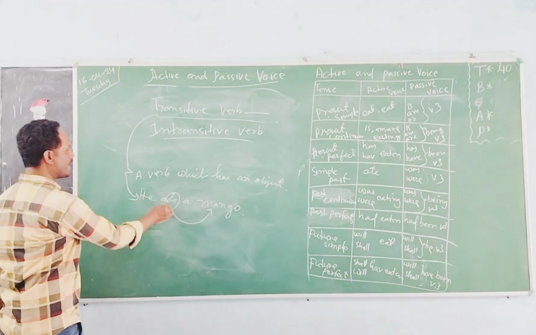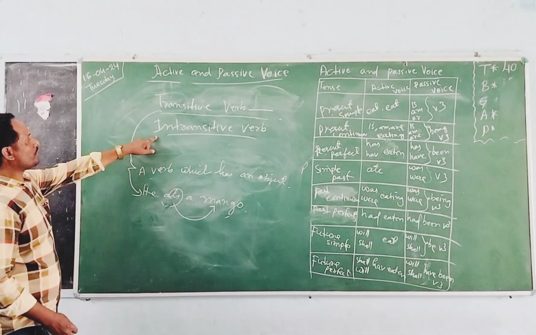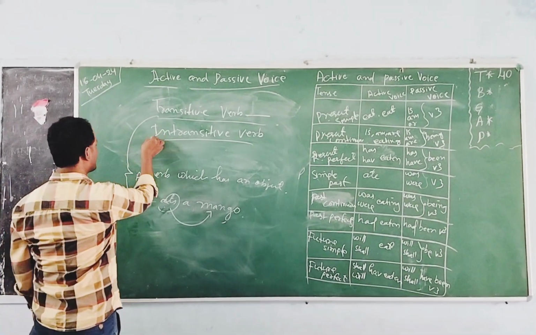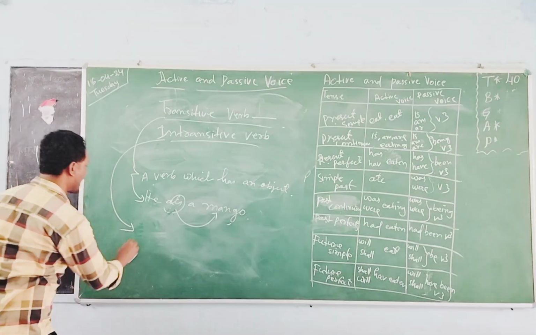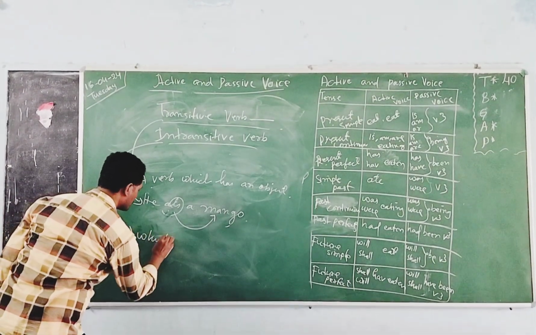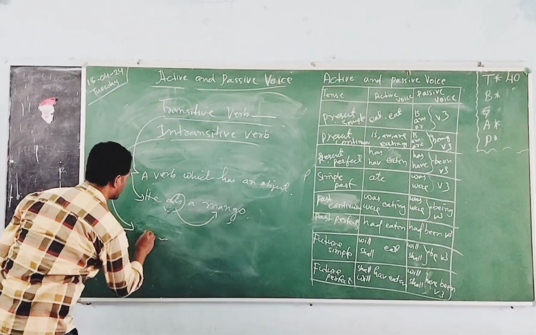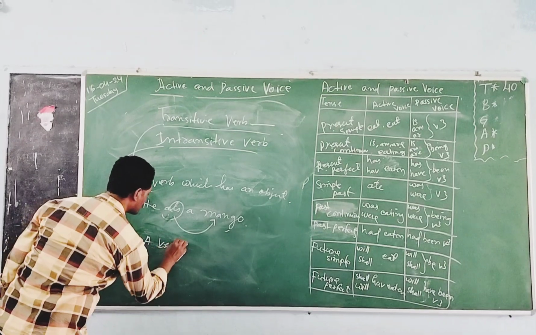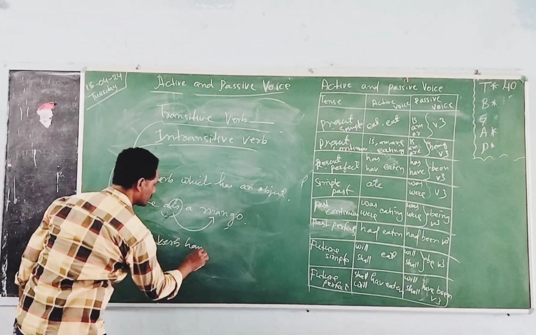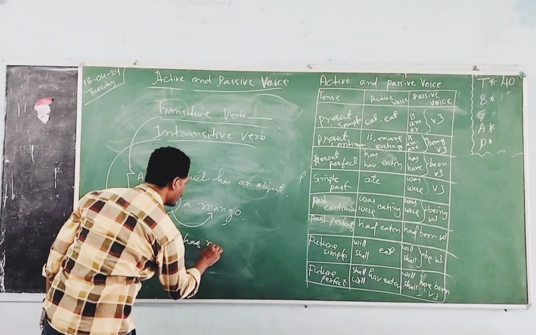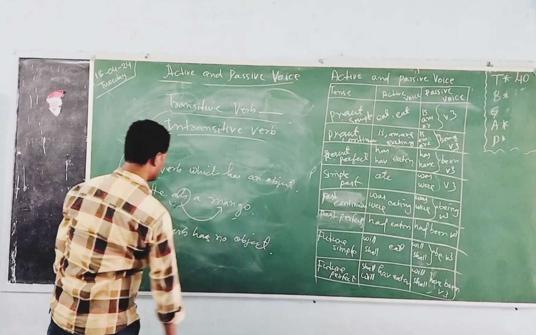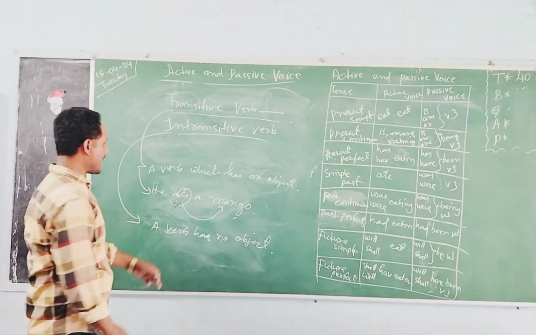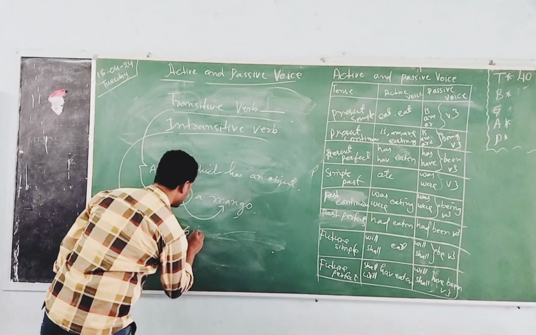So that's why it has an object. An intransitive verb is a verb which has no object.